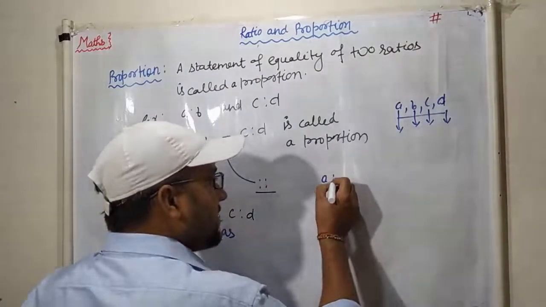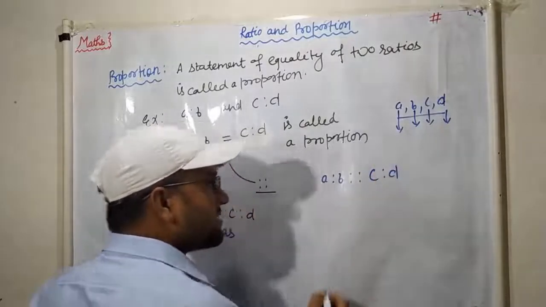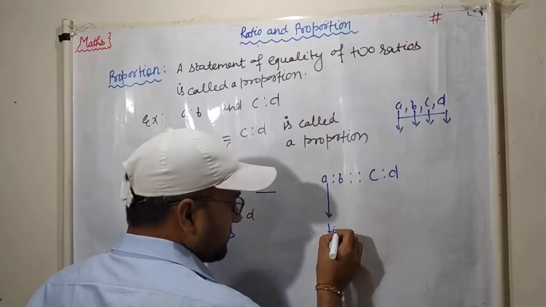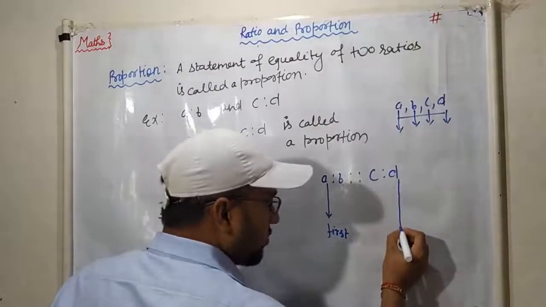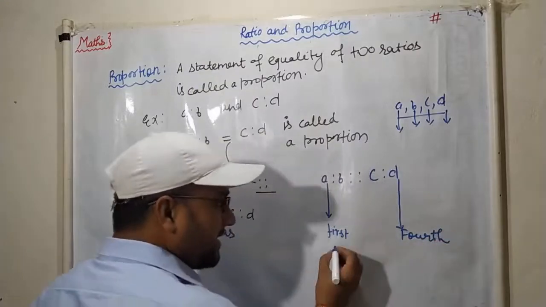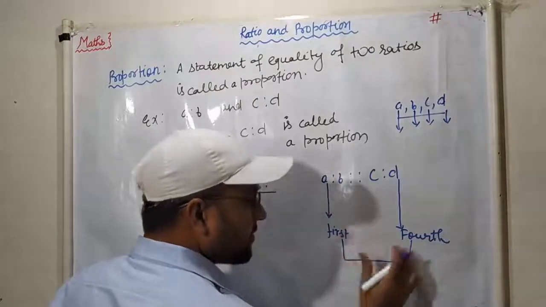In the ratios A is to B is as C is to D, this is called the first term and this one is called the fourth term, and together they are called the extremes.